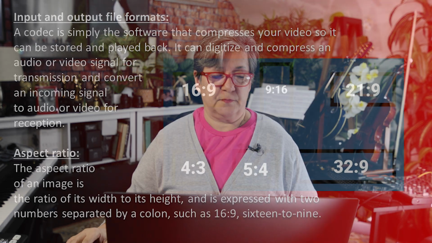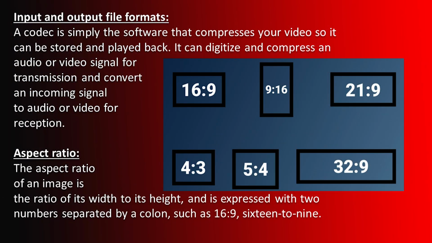That is a compound word that stands for compression, decompression, right? So compressing is when you take that information and trash it, to make the file size smaller. And decompression is when you reconstruct the file so that it can be viewed on the other side, right? So codec, compression, decompression.